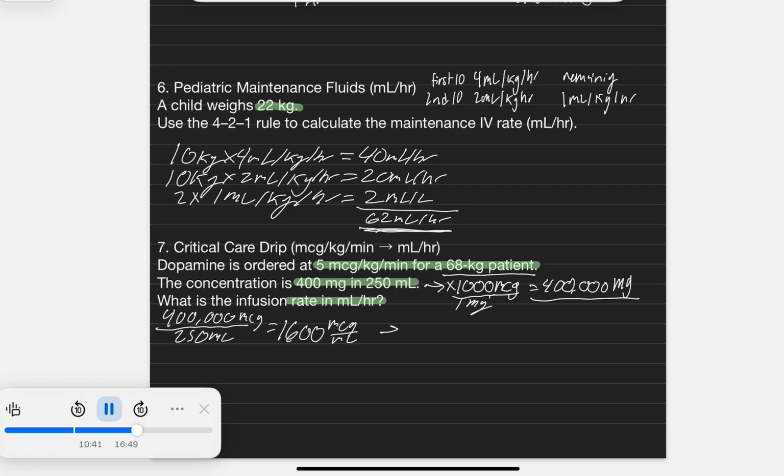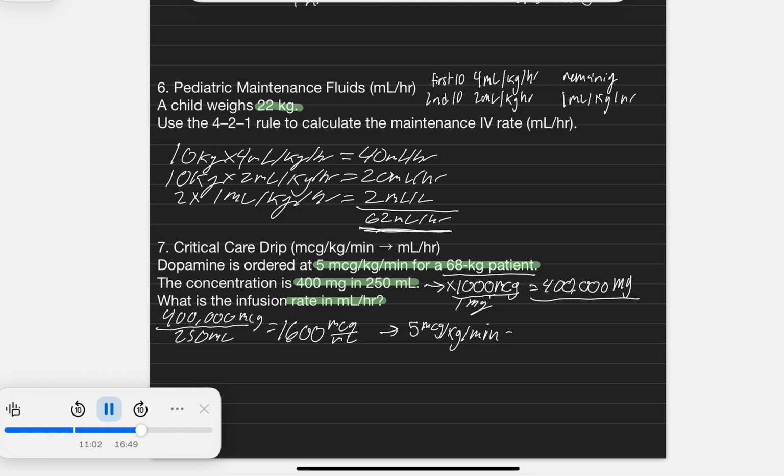After you get there, we're going to find our ordered dose in micrograms per minute. So you have 5 micrograms per kg per minute. We're going to multiply that by our 68 kilograms, and you're going to get 340 micrograms per minute.